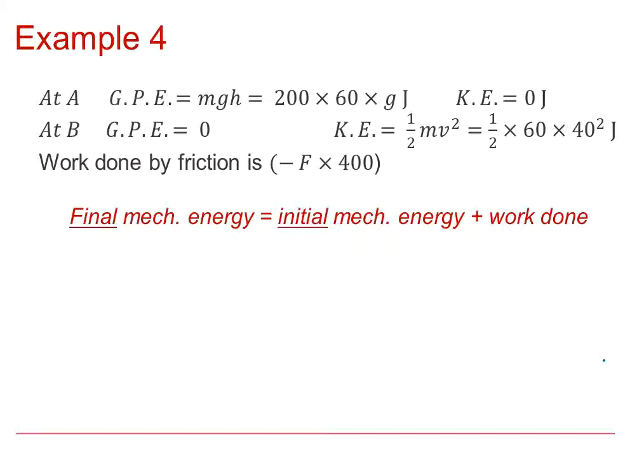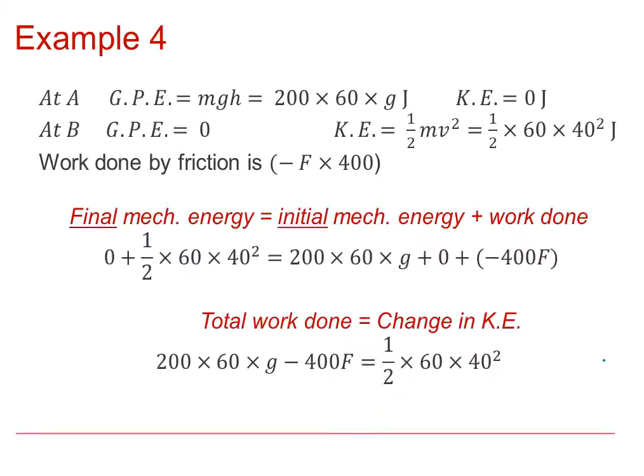So the two approaches that you could use here: I've just demonstrated final mechanical energy equals initial mechanical energy plus work done. Or we could do total work done by all the forces equals change in kinetic energy.